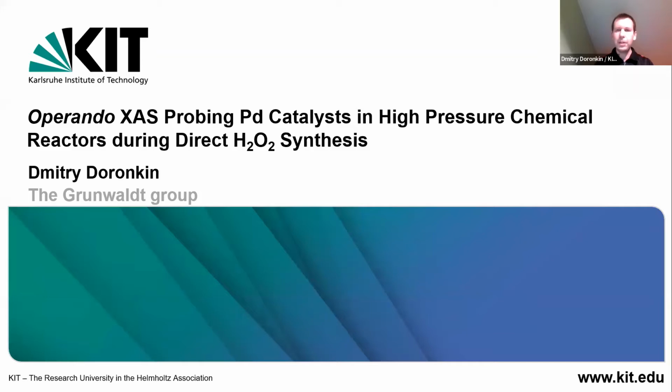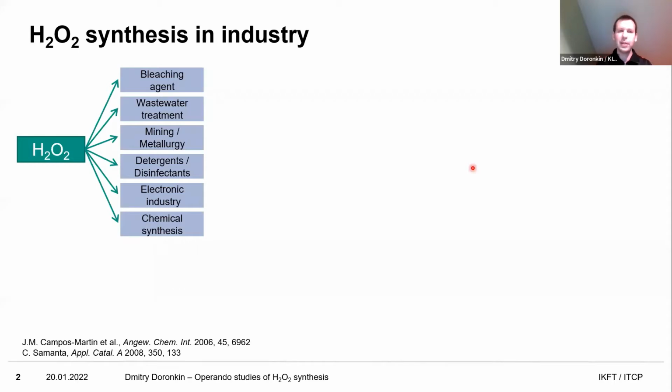So it's not always in the gas phase that you have your reactants or products. Sometimes it's liquid, and sometimes you have to go for higher pressures. An example is hydrogen peroxide. Why is it so important? Because people use it everywhere as a bleaching agent in the paper industry or textile industry, for wastewater or drinking water treatment, in mining or metallurgy, as a disinfectant, detergent, in the electronic industry.